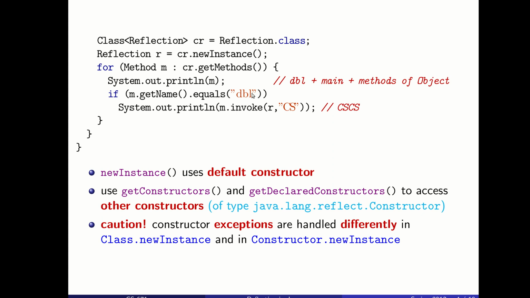We can get that particular method, and then we can invoke it using the string parameter CS, which would give us the doubled CS. So here's an example of where we're really playing fast and loose with things, that we're calling invoke, and we're providing it a parameter, and that parameter had better be of the right type for this.